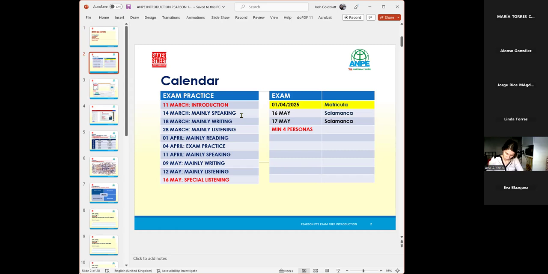Now, our dates, which are really important: on the 1st of April, you must tell me if you definitely want to do the exam in May. So it says there, matrícula. The matrícula will be on the 1st of April. So you've got about 3 weeks to decide if you want to do C1 or B2.